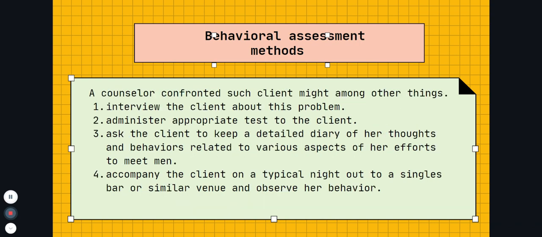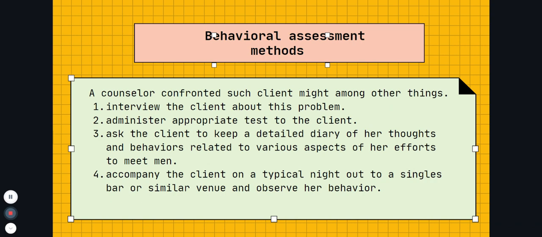So ang gibuhat sa counselor from the client is that first, interview the client about this problem. Nag-interview niya ang client kung anong problem with meeting men when in fact she is attractive according to her friends. So second, administer appropriate test to the client.